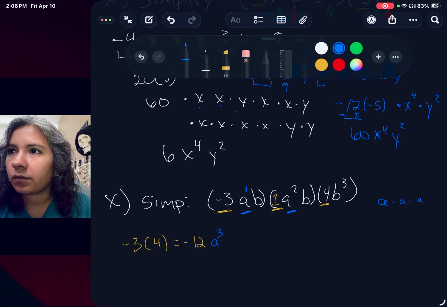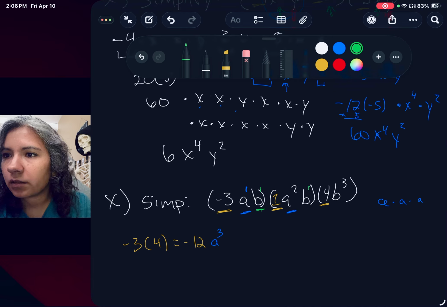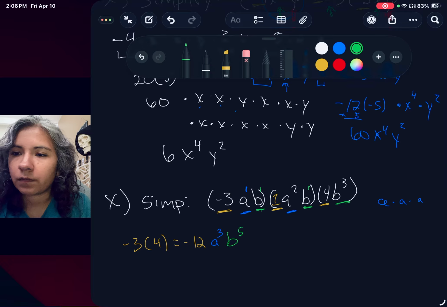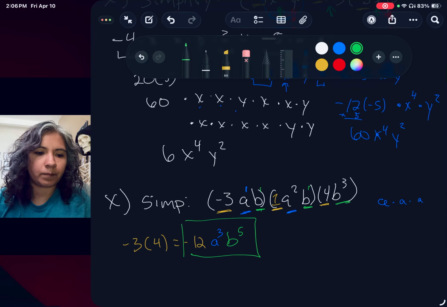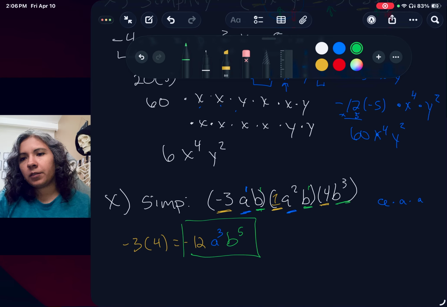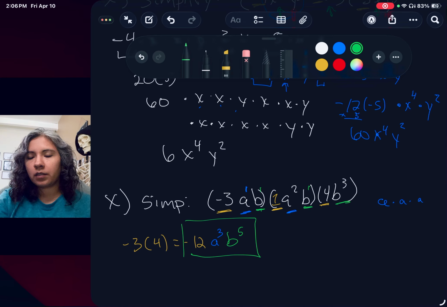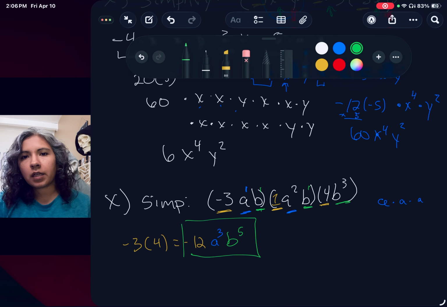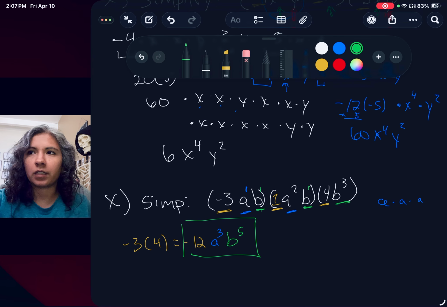Now my b is 1, 2 plus 3, b to the 5th. So that would be my answer: negative 12a cubed b to the 5th. And that's all that I have for this lesson. Let me know if you have any questions.